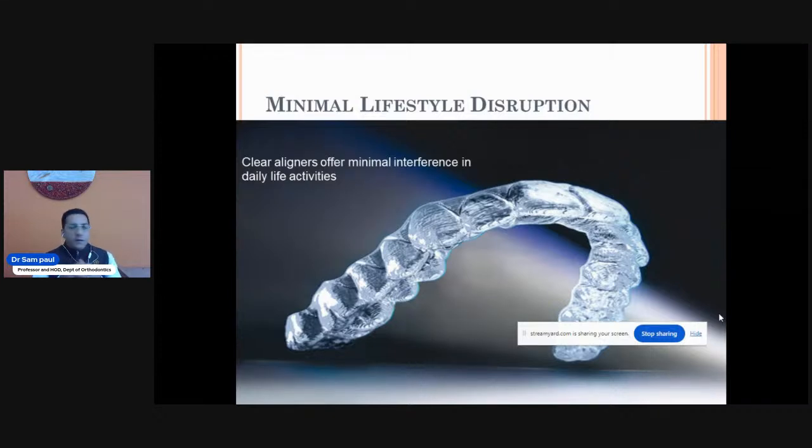Nowadays, what all the patients complain about as orthodontists is that nobody has time to come for regular monthly visits for the orthodontic checkup. That is one major concern, because the patients who undergo orthodontic treatment are mainly students.